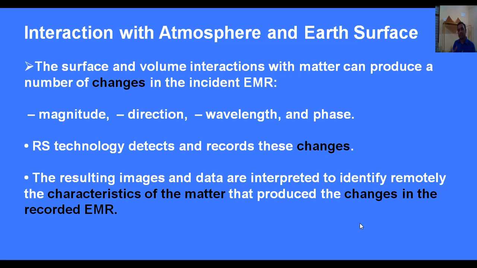Based on these changes, we can easily analyze the temporal variations of the satellite data. When the radiation is incident on the earth surface, the magnitude changes, magnitude meaning intensity or amplitude; the direction changes; the wavelength changes, wavelength meaning distance; and the phase changes, phase meaning angle.